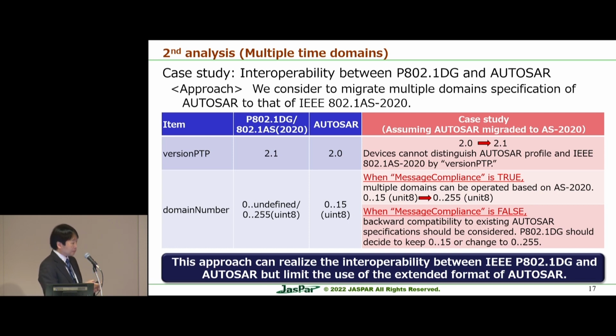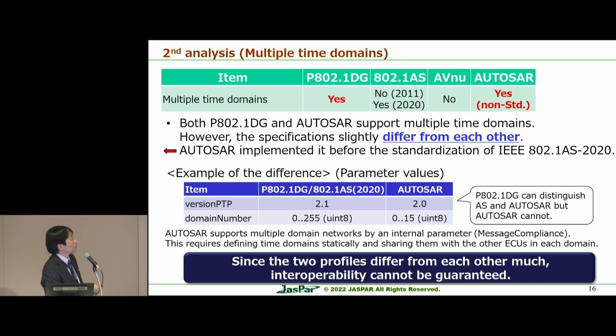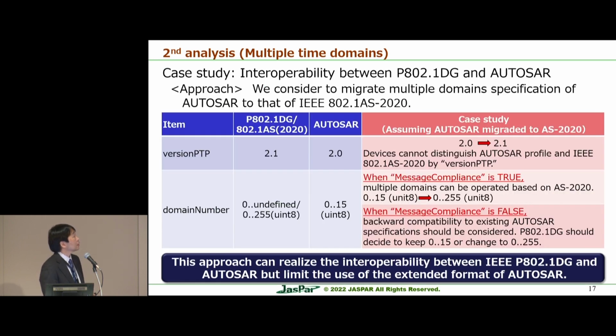And back to the page, Automotive supports multiple domain networks by an internal parameter, the message compliance. So the range of domain number depends on whether message compliance is true or false. When the message compliance is true, multiple domains can be operated based on AS 2020, 0 to 255.